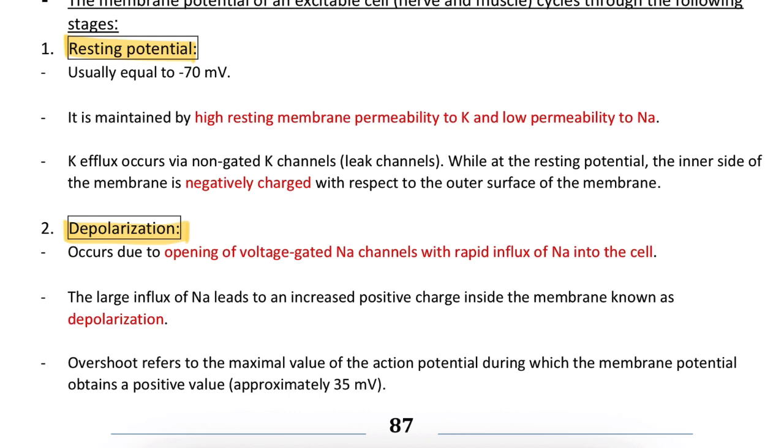The membrane potential can reach plus 30 to plus 35 millivolts. This is the overshoot phase. Mostly we see this with lidocaine, a local anesthetic. It blocks sodium channels, prevents depolarization, and so there is no pain conduction.